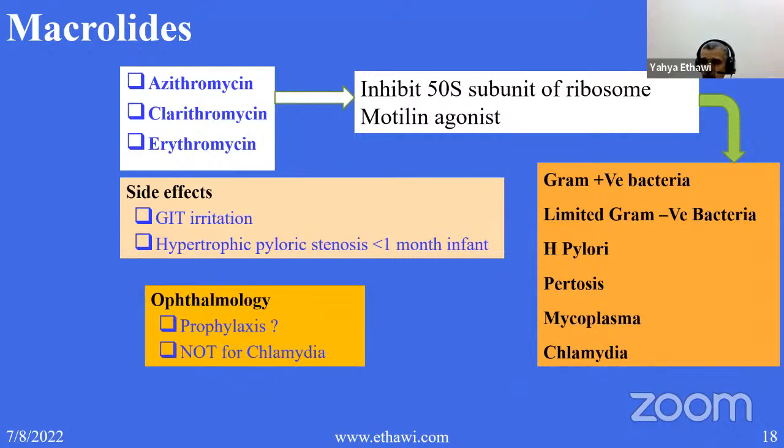Therefore the advice is, only if you have a positive finding, you give one dose of, for example, cefotaxime, or you give penicillin, or whatever antibiotic you select to use. It's way better than using prophylaxis of erythromycin.